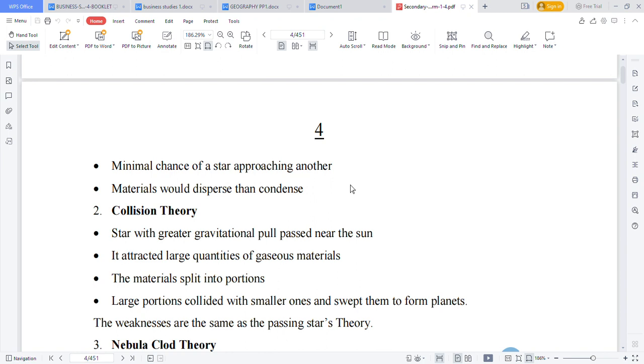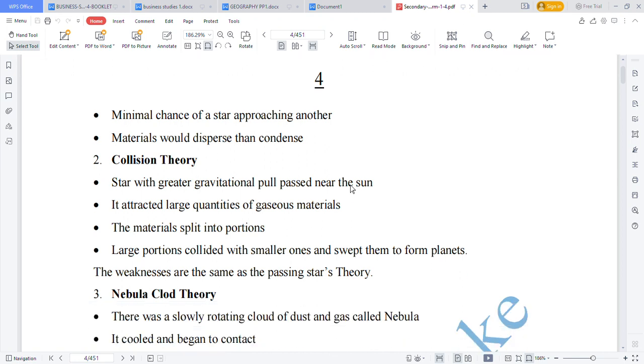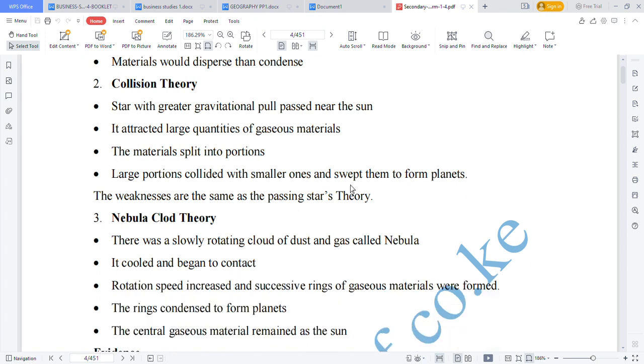There is minimal chance of a star approaching another. Then materials would disperse rather than condense. So those are the weaknesses of passing star theory.